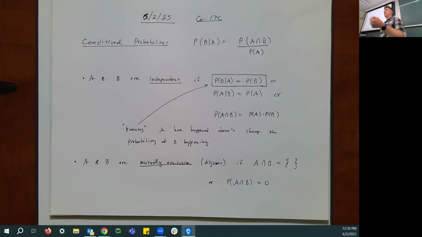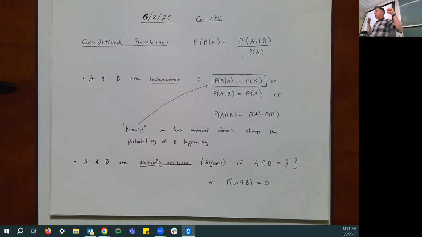If I tell you that the number I picked is even, what can you tell me about its oddness? Is it odd? No, you know it's not odd, right? So if I tell you a number is even, what's the probability of it being odd? Zero, right? These events are not independent because knowing one has happened affects the probability of the other one happening.